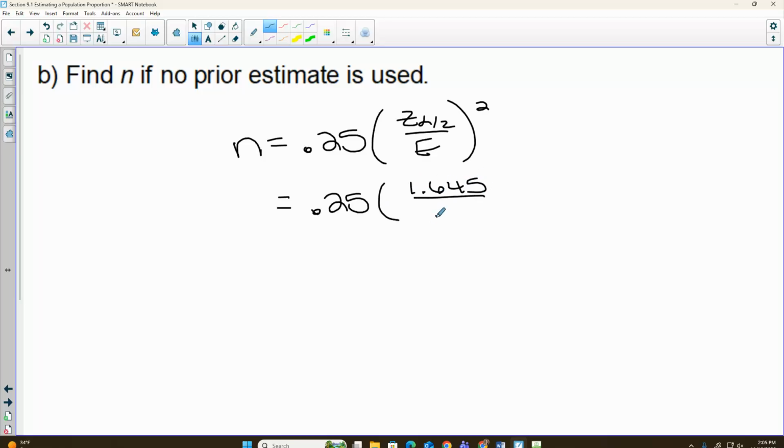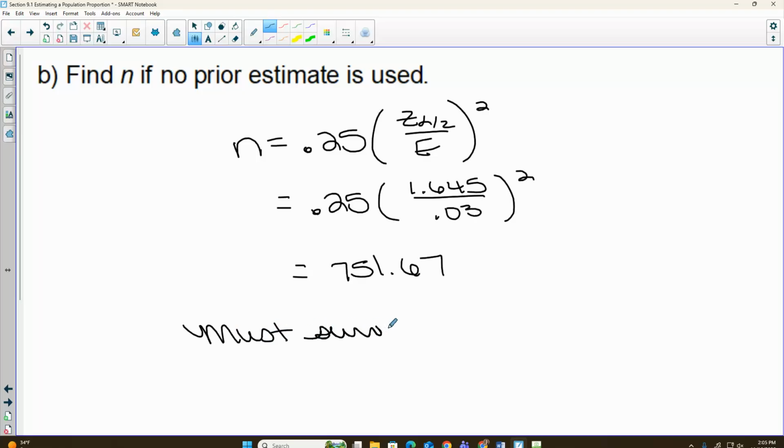What's my E? 0.03. Well, that one was almost easier. It is easier, so less information is better. It's just less accurate technically, you're going to have to have more people in your sample if you use this one, but this is a safer bet. What was the last one? 750. So this time, if we don't have a prior estimate, we're going to have to survey 752 people.